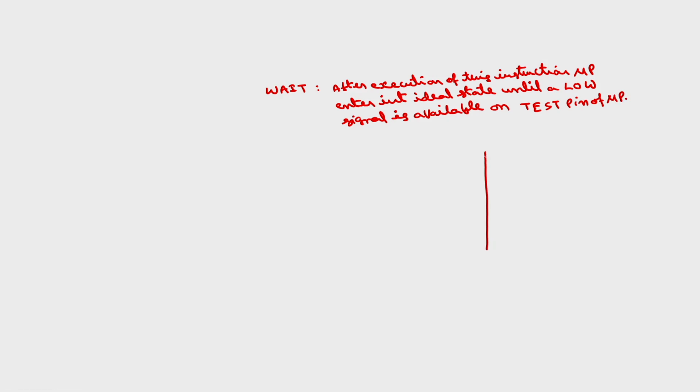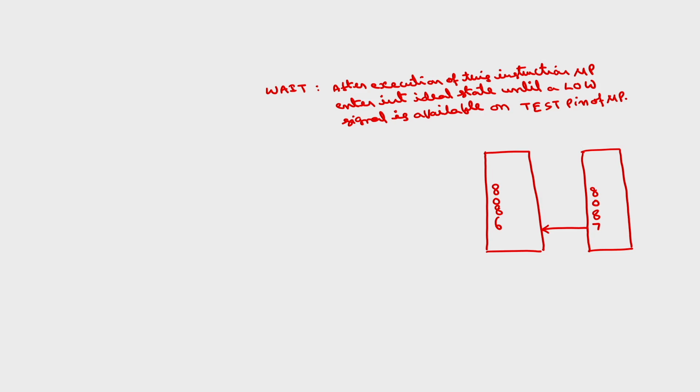Normally this is used for synchronizing a slower peripheral with the microprocessor. If I take the same 8086 and 8087, normally 8087 is slow when compared with 8086. So here there is a test signal.